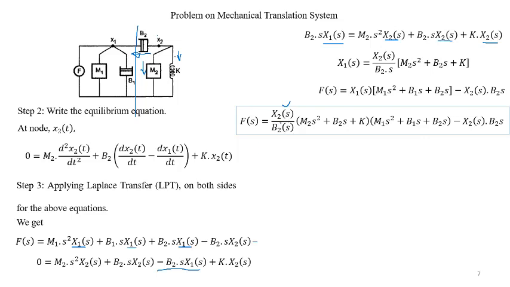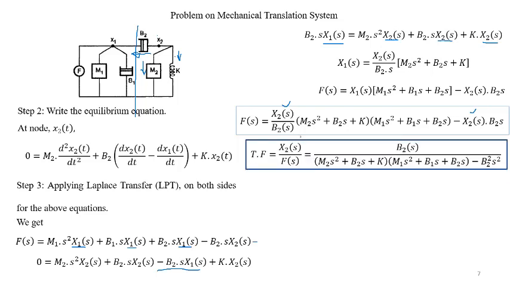Now we take the LCM of this whole equation. So this b2 s is going to multiply here. It will be b2 square into s square, and x2 of s will be taken outside to write it in the form of a transfer function, that is output x2 of s by F of s.